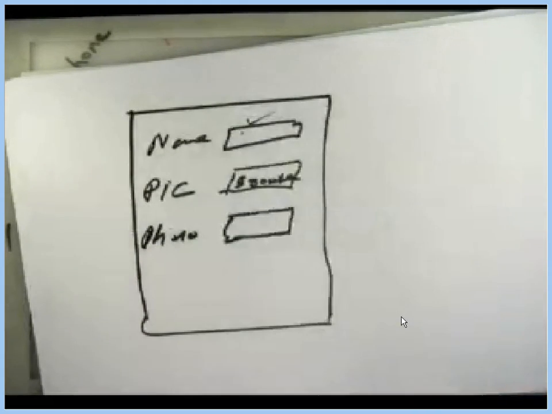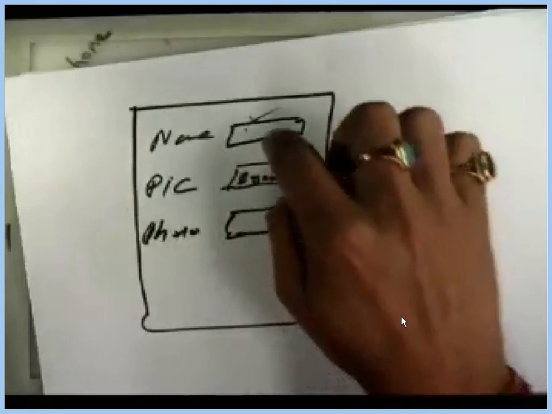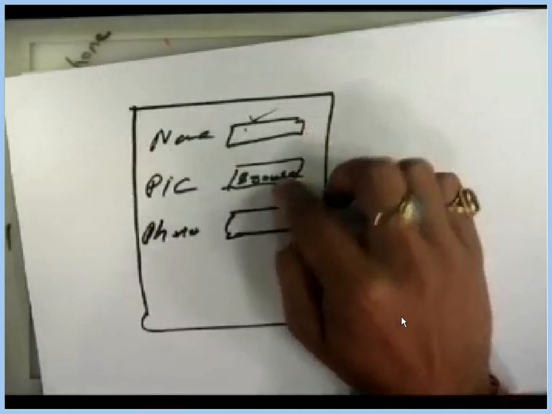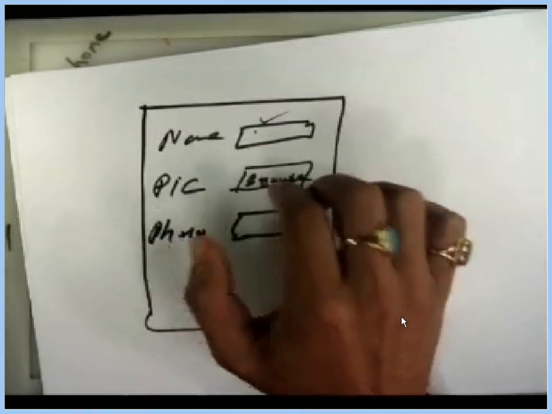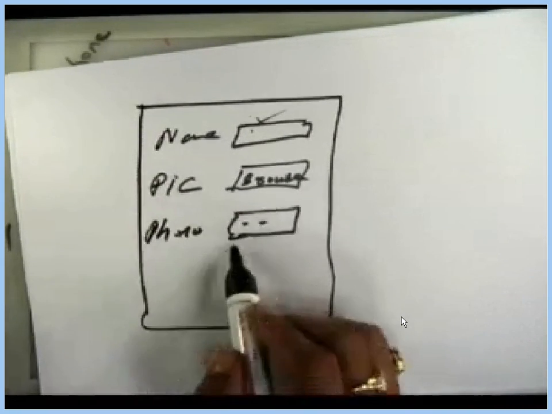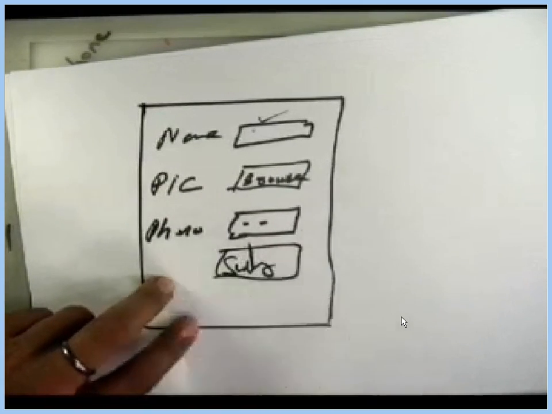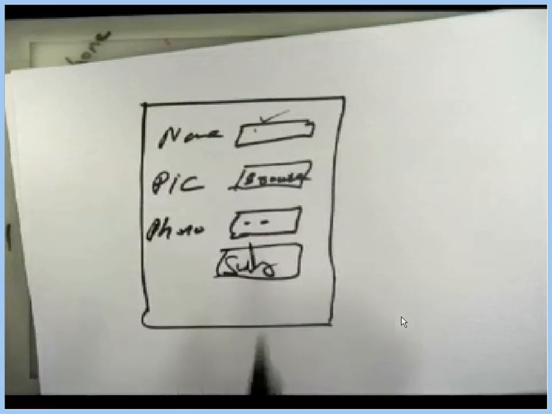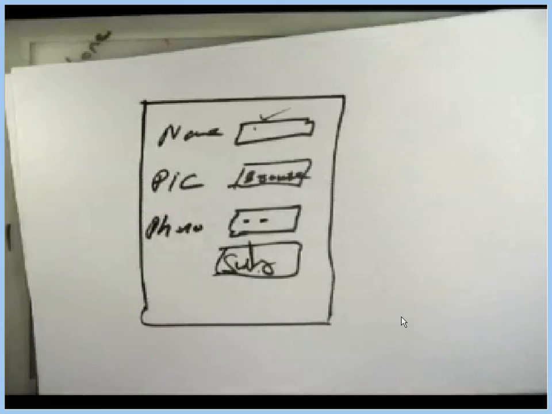You try to enter the name, and then I try to browse and choose the path, and then enter the number, and maybe I am using one submit button over here, and I will press this submit button so that this information can go to my backend server.